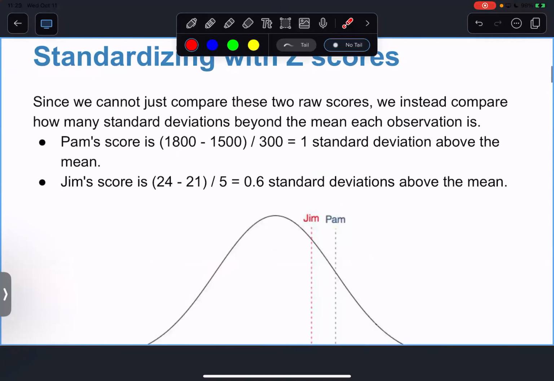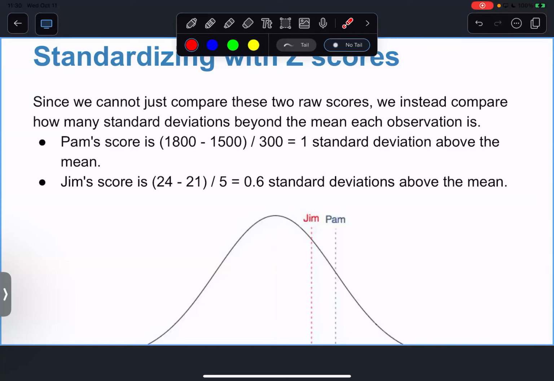I was this close to writing all this out, and then I remembered there's a slide for that. Okay, so we can't just compare the raw scores because they're not on the same scale, and that's okay. So then we compare how many standard deviations beyond the mean each observation is.